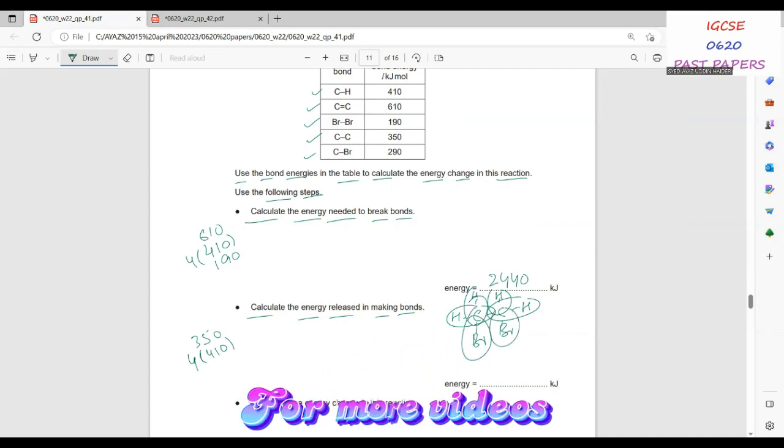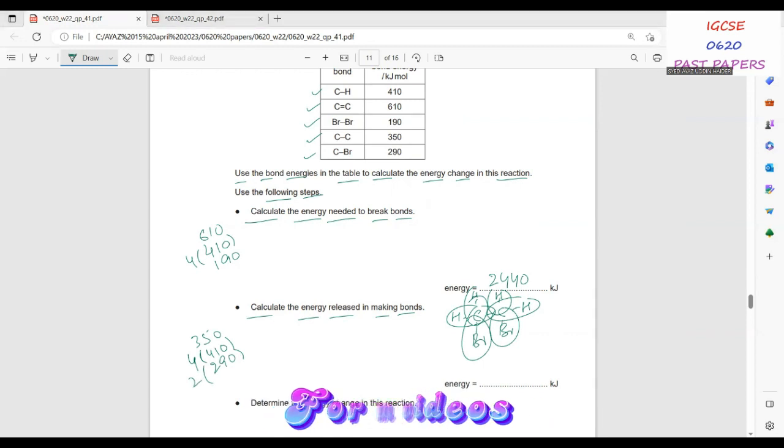For C-Br bond, we have 290. We will multiply it by 2. So 2 multiplied by 290 will be 580. 410 multiplied by 4 will be 1640. Then add 350. 1640 plus 580 plus 350, 2570.